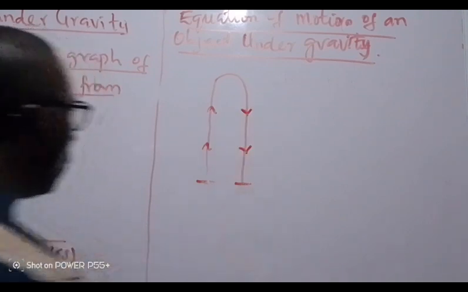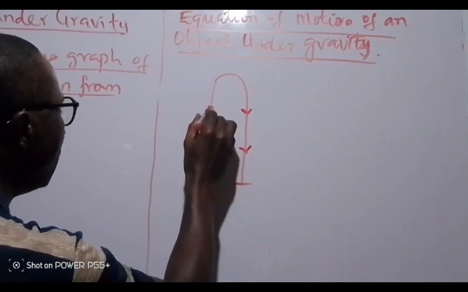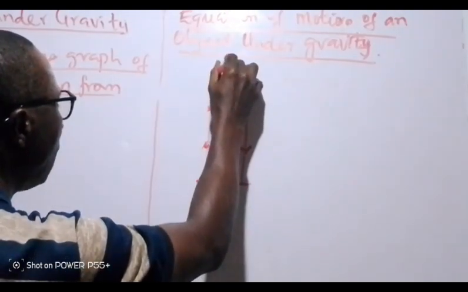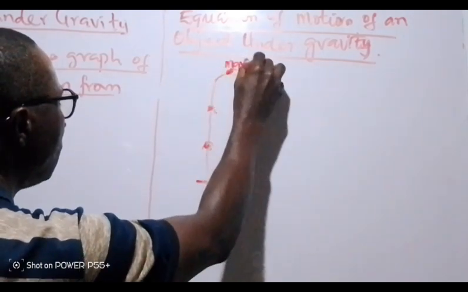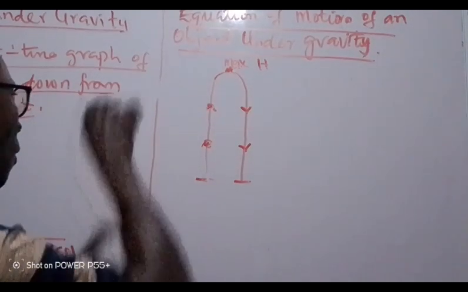You throw it up, it moves up like this. Now, this point is the maximum height, and when it reaches the maximum height, it will curve a little bit before it comes down like this.